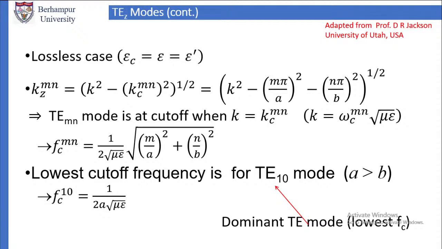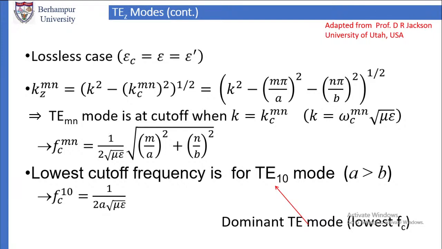Now, if I take n is equal to 0, then a is large. Since a is large compared to b, when the denominator is a, that will give me a smaller value. So there we will get the smallest frequency. Now the lowest value of m is 0, 1, 2, 3, 4. n we have taken 0.